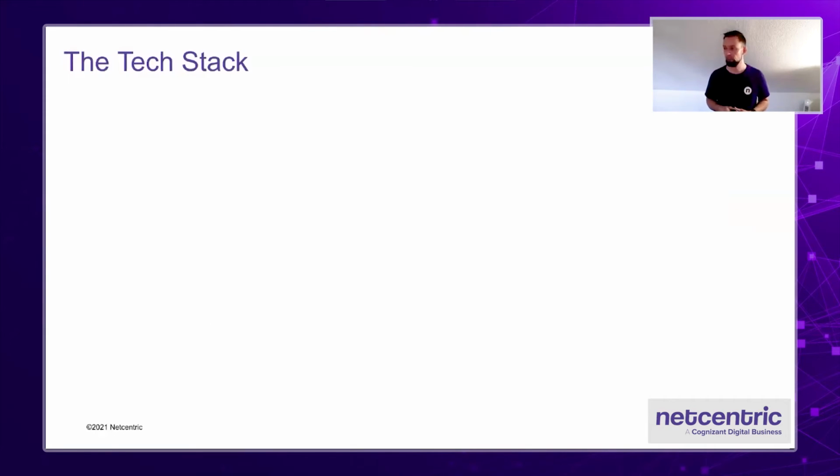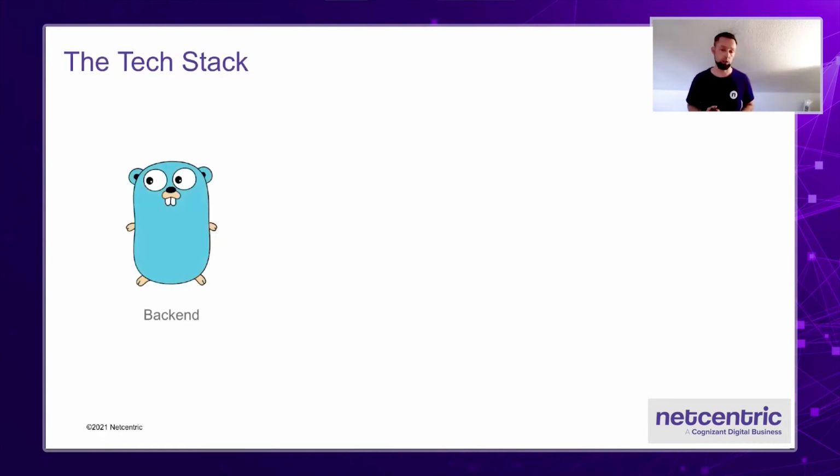That brings me to my next section, which is the tech stack. We decided to go with Golang for our backend. Golang is a very great fit for cloud native development. Why? The compile time of our backend application is incredibly fast.